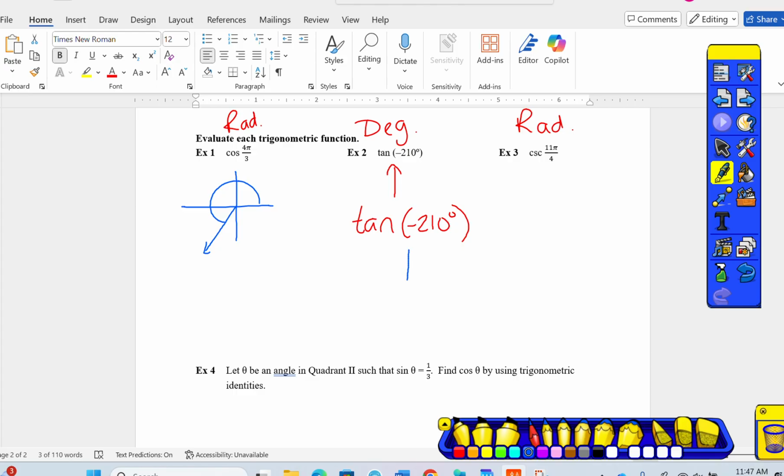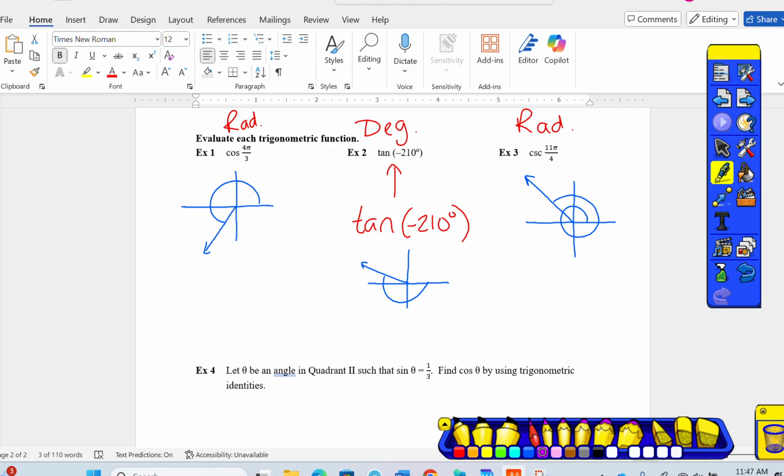I'm going to draw the angles real quick though. So 4 pi over 3 is in the third quadrant.